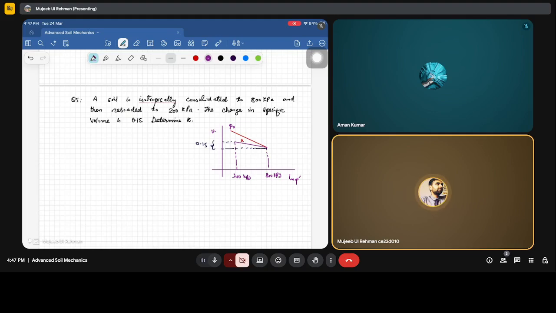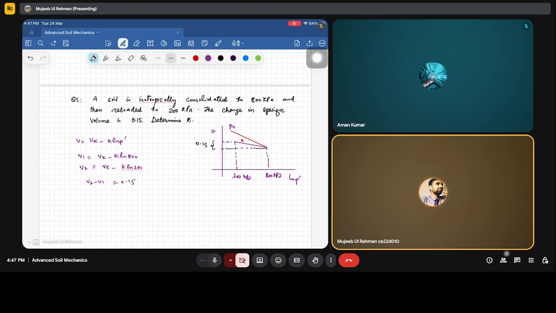So we can use the equation: specific volume is equal to Vk, where k means kappa, minus kappa times ln of P dash. Again, a similar thing. V1 is equal to Vk minus kappa times ln of 800. V2 is equal to Vk minus kappa times ln of 200. Now final minus initial, V2 minus V1, is equal to 0.15.